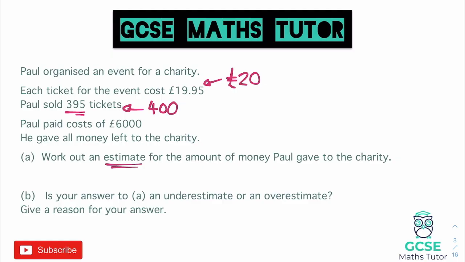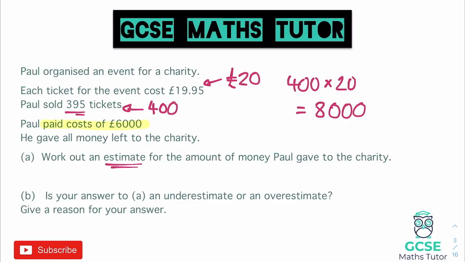So for this one here, if we've got 400 tickets, each one was £20, well, we're going to do 400 tickets multiplied by the £20, which is easy for us to do because we just do 4 times 2, which is 8, and then add on those 3 zeros. So that's £8,000. So he sold £8,000 worth of tickets and he paid costs of £6,000.